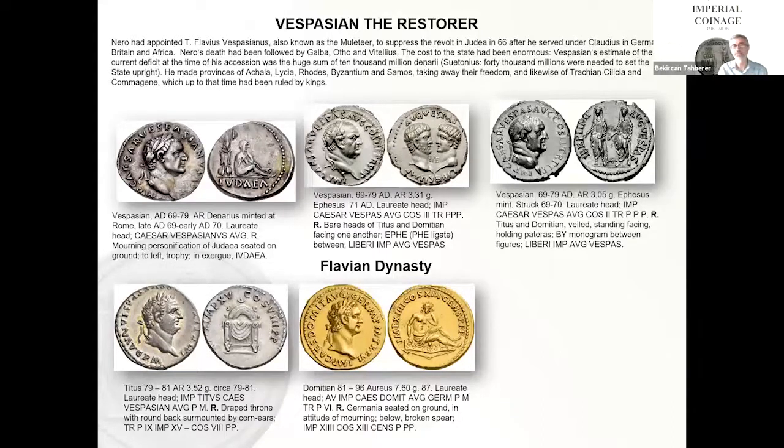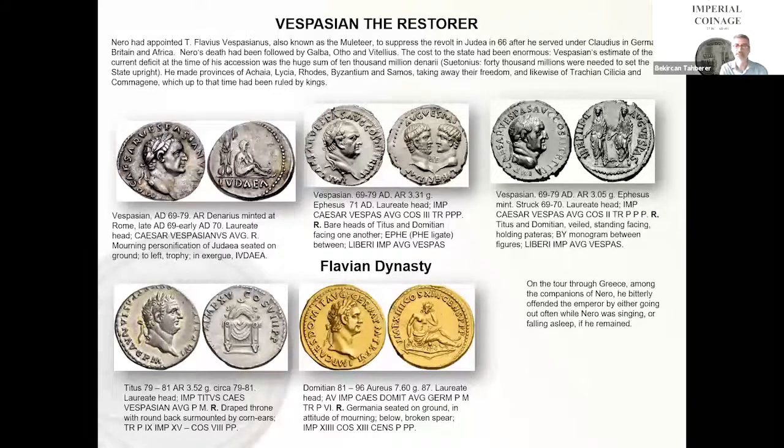There are some anecdotes about Vespasian that will bring a smile to everyone's faces. On a tour through Greece, among the companions of Nero, Vespasian bitterly offended the emperor by either going out often while Nero was singing or falling asleep if he remained.